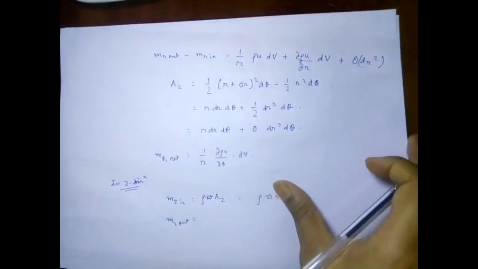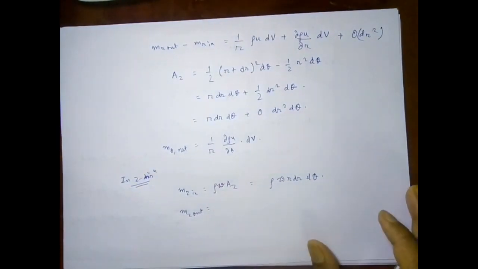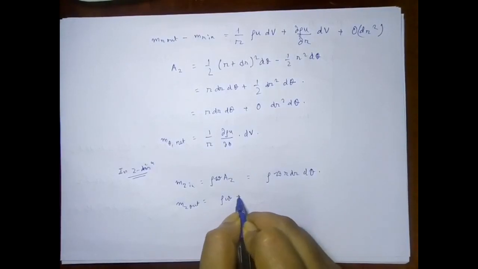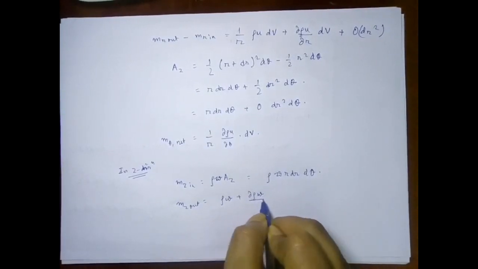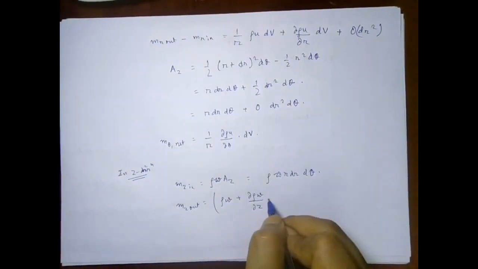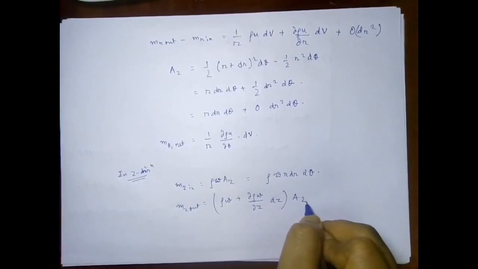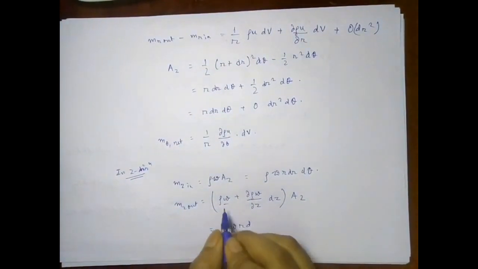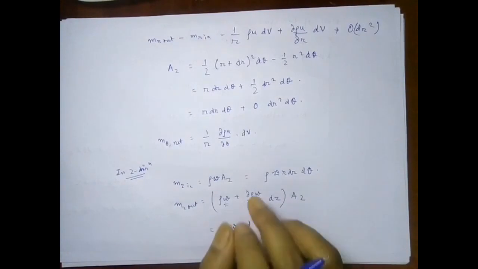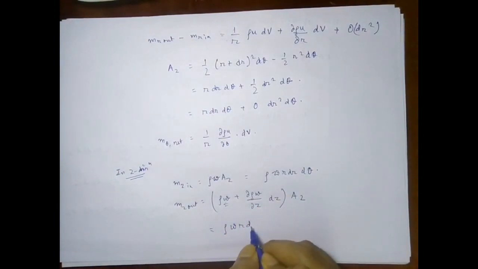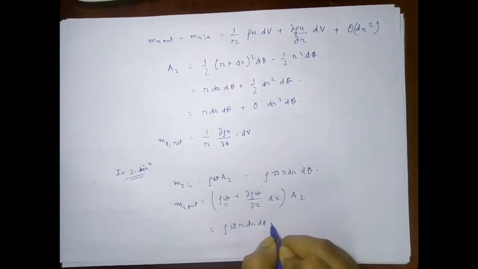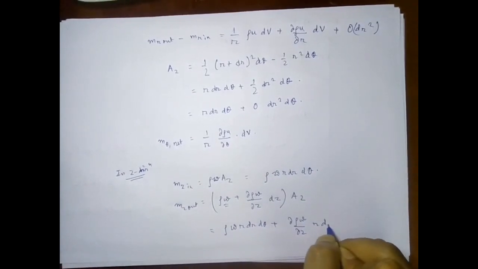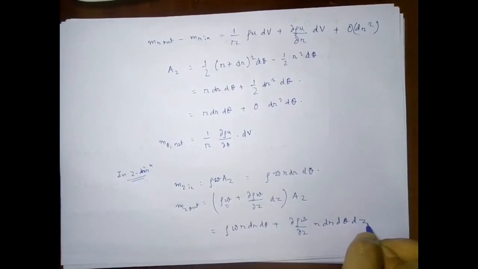So mz out will be equal to rho omega plus del rho omega upon del z times dz times az, that is rho omega r dr d theta plus del rho omega upon del z r dr d theta dz.